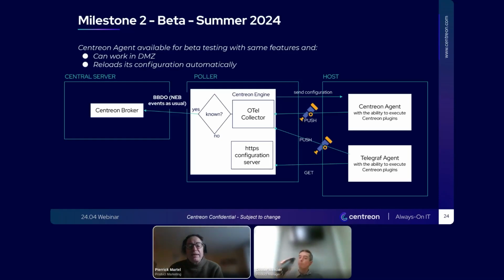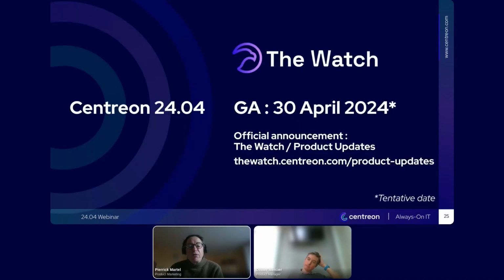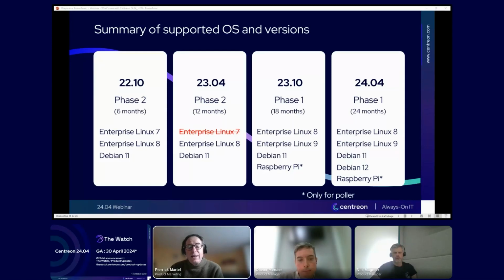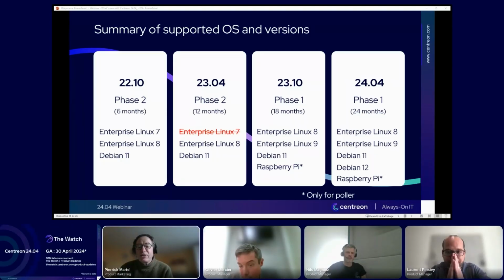Well, I think it is time for the question and answer, although I will first correct a little mistake that we have in the slide. Laurent Pincevy will be punished because there was apparently a mistake in the slide. In 24.04, Enterprise Linux 7 is not supported, and Laurent will join on stage to comment on that.